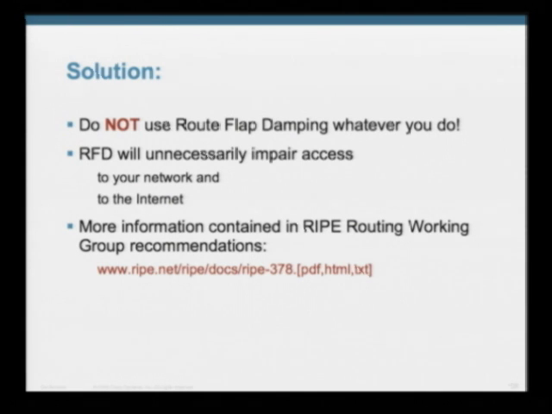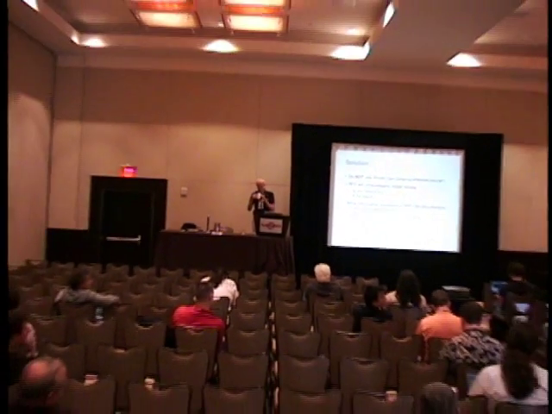Quick thought, Joel Jaeggli. One of the things that was observed, and part of the reason that we got into flap damping to begin with, was that the edges of the network had a tendency to flap at a greater rate than many sections of the core. And the theory was that as more prefixes appeared, flapping would continue to grow at a linear or higher rate.